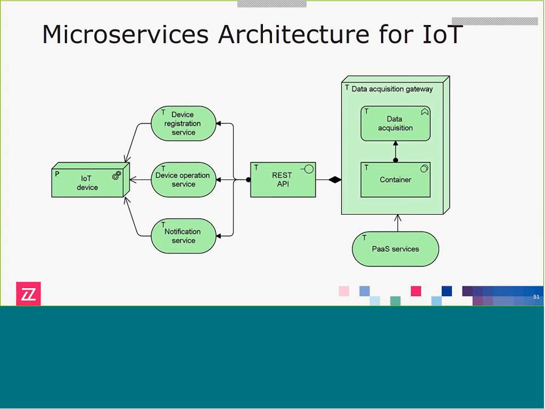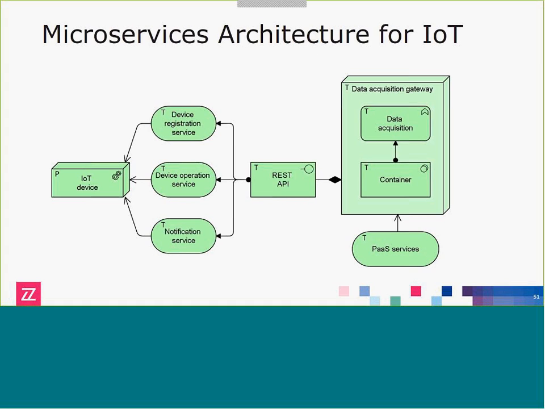Deeper into that, we can also look at these Internet of Things devices and how they connect to ArchiSurance's own architecture, and then we get to the microservices architecture that's behind that. So ArchiSurance has the data acquisition gateway, where for each device it connects to, there's a data acquisition function run inside a container.